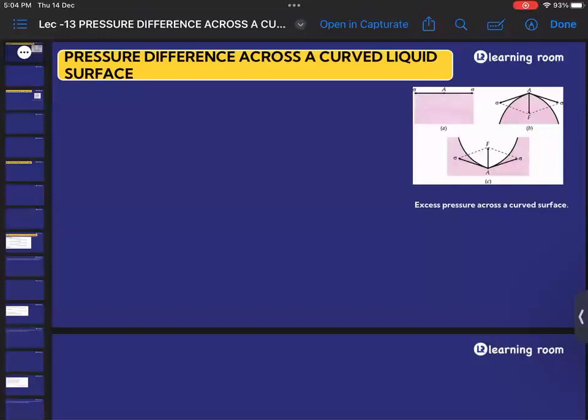It looks flat, right? But you know what will happen at the edges? If you observe with a microscope, what will you be able to see? That there will be a small curvature. That curvature is taking place because of adhesive force and cohesive force.